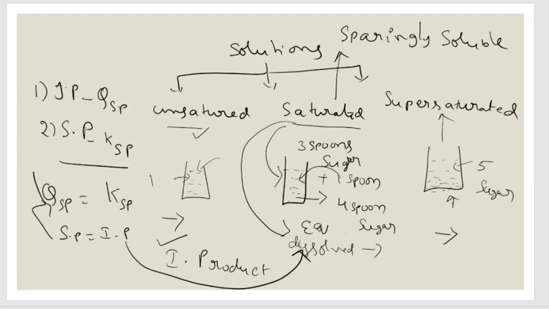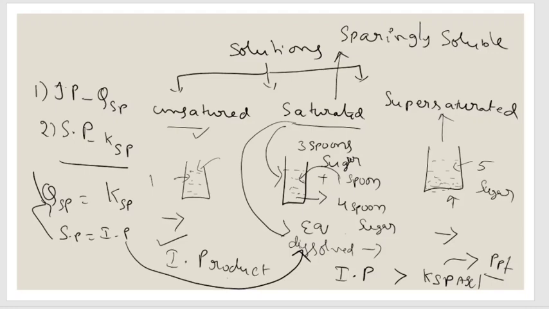Suppose the ionic product is greater than the solubility product, which is constant for a particular sparingly soluble salt like AgCl. If the ionic product exceeds the Ksp, then we can say that the solution becomes supersaturated, and we can expect the precipitate of that salt.